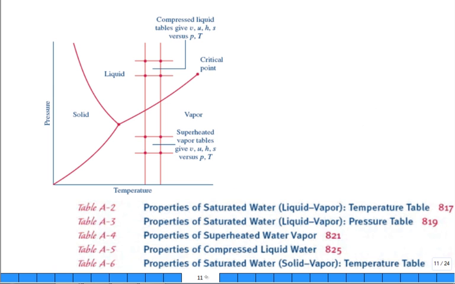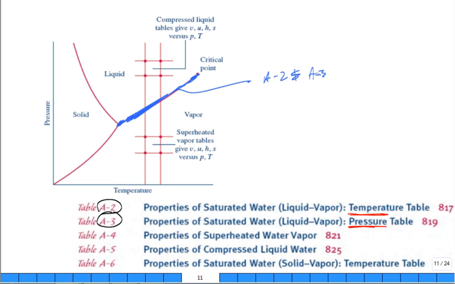So when you look at this pressure temperature diagram, the information in table A2 and A3 is basically the same information. It's just what is the input? Is it temperature input or pressure input, the most convenient parameter coming in? That covers all of this data from the critical point down to the triple point. That's tables A2 and A3.